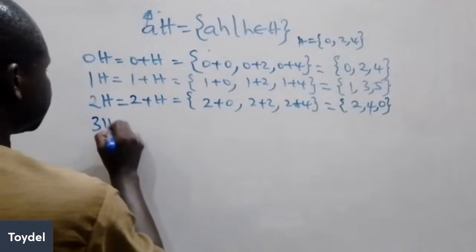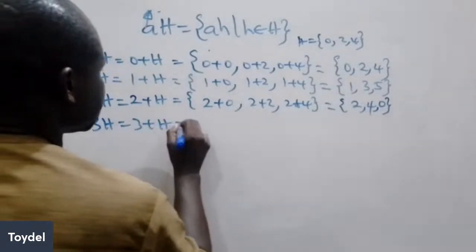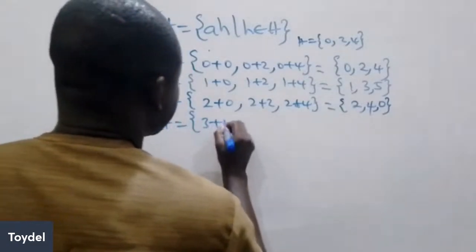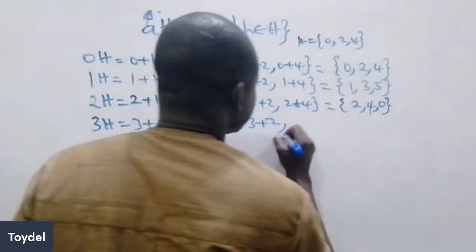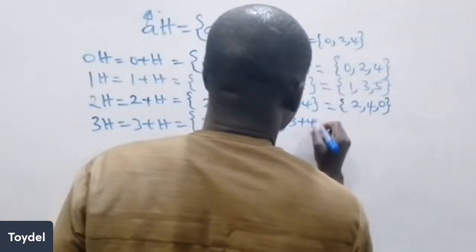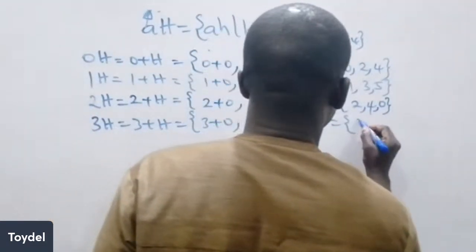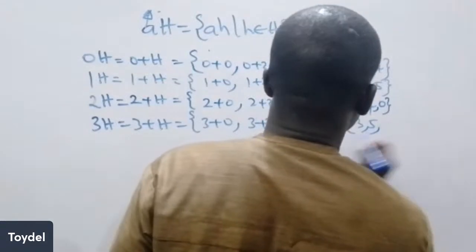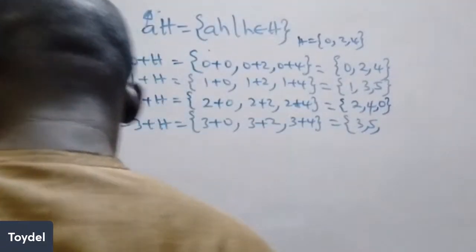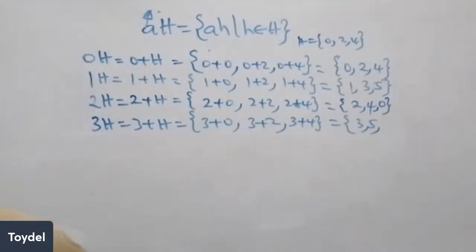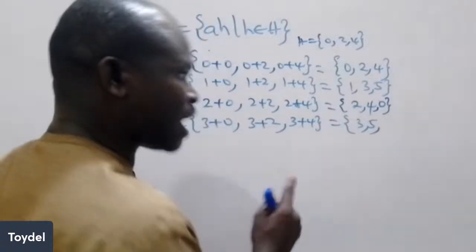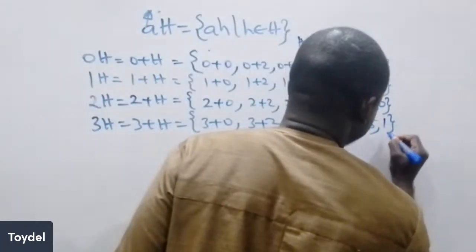So when we have 3H, it will be 3 plus H, and that will be 3 plus 0, 3 plus 2, then 3 plus 4. So here I'm going to have 3 plus 0 is 3, 3 plus 2 is 5, then 3 plus 4 is 7. 7 divided by 6 is 1, remainder 1, so here will be 1.